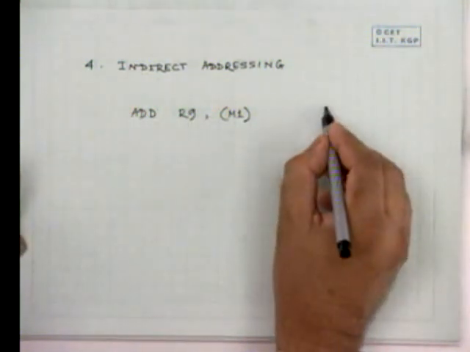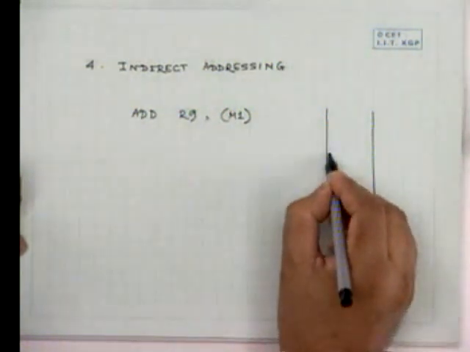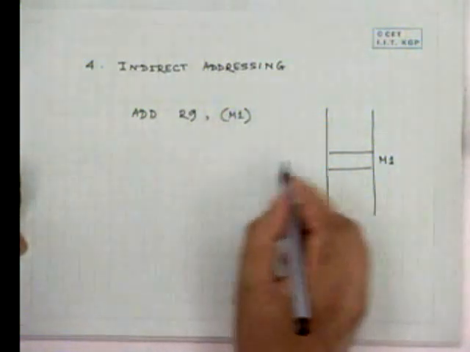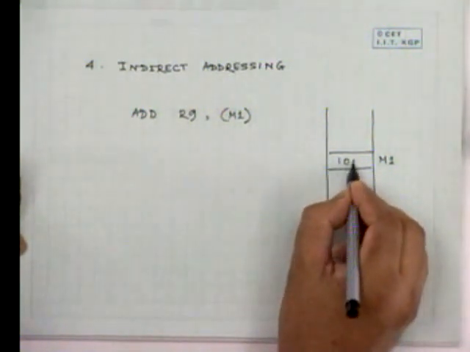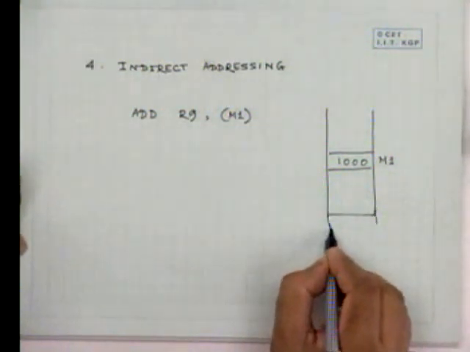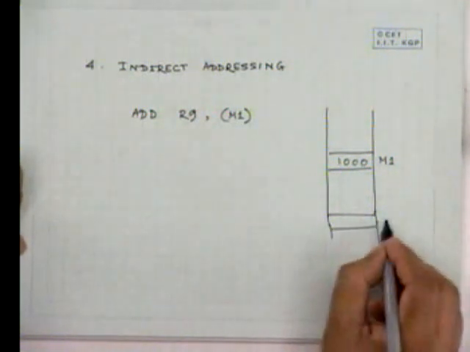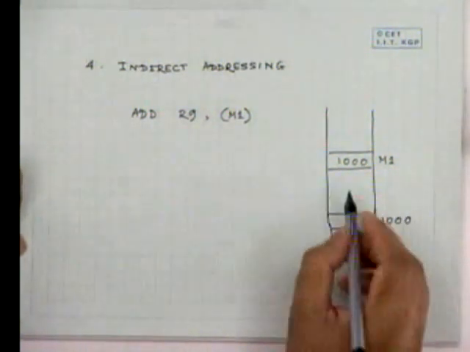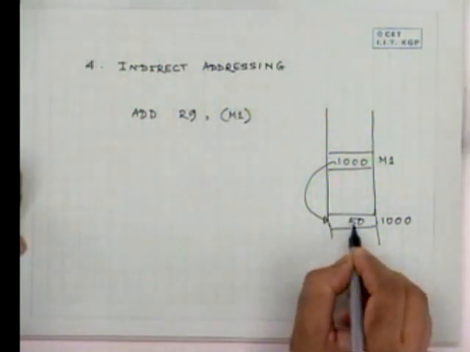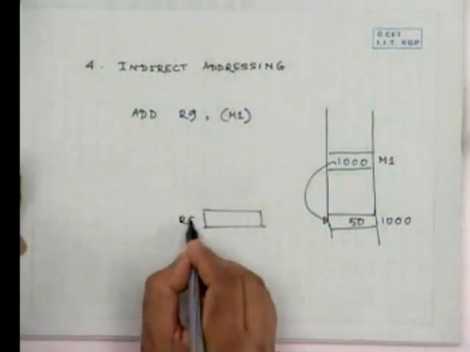So let's take an example. Say this is M1 and say this contains 1000, then the operand is in this location 1000. M1 is pointing to this, and we take the operand, say 50, from here, which will be loaded into R9.